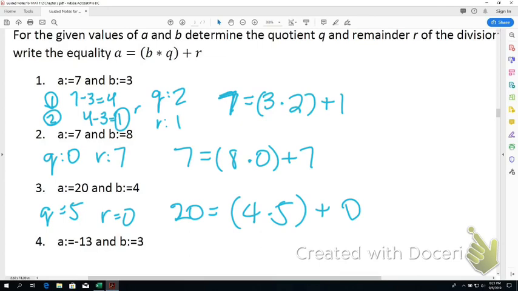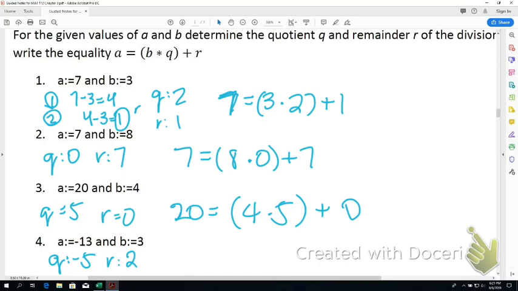But remember, when A is negative, the quotient is negative. So here, your Q would be -5, your R would be 2. So practice this one. Make sure you can get -5 for Q, and your remainder would be 2.